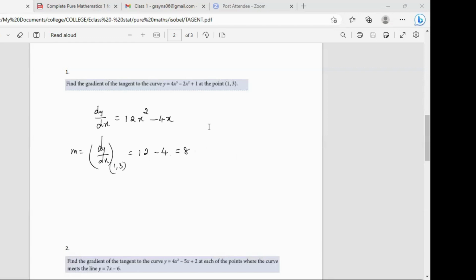See here in the question, they're asking for the gradient. First of all, you understood the concept of gradient, okay?